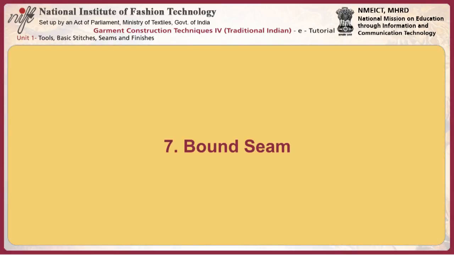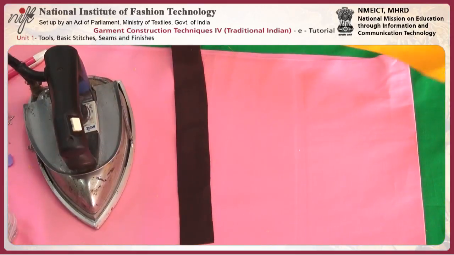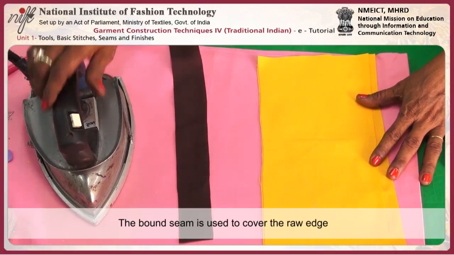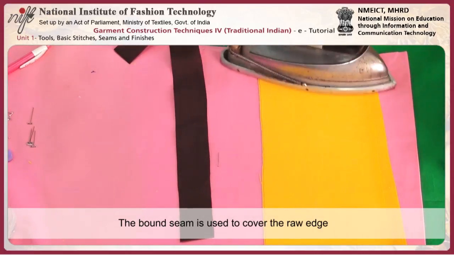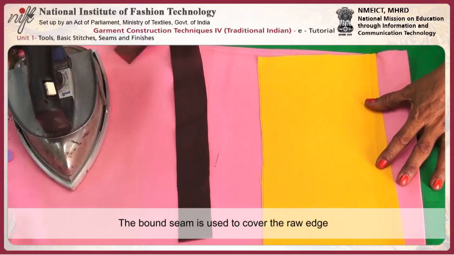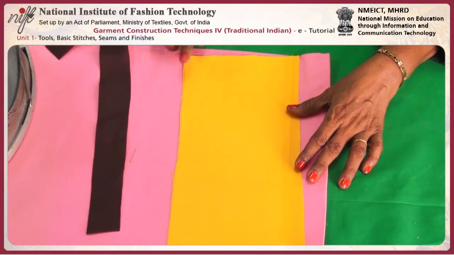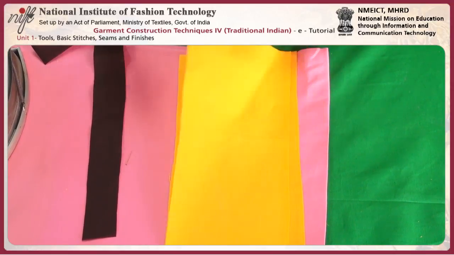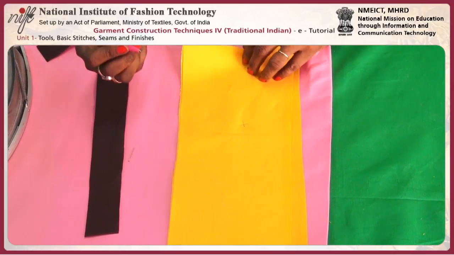Bound seam. Now we are going to do the bound seam. Again, this is used to cover the raw edge. So the two pieces are there, and mark the right side and the wrong side of it.